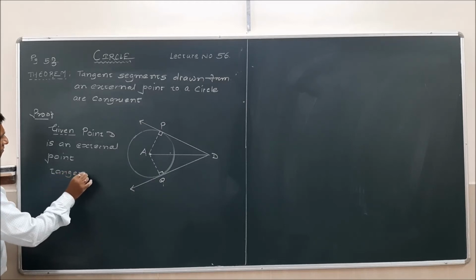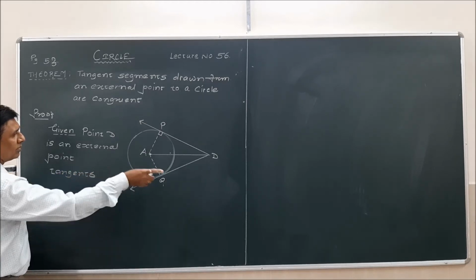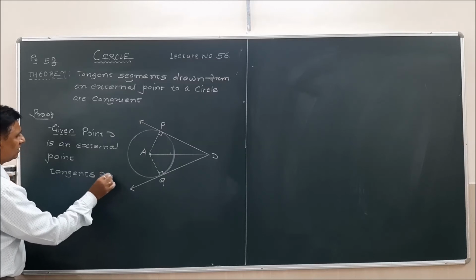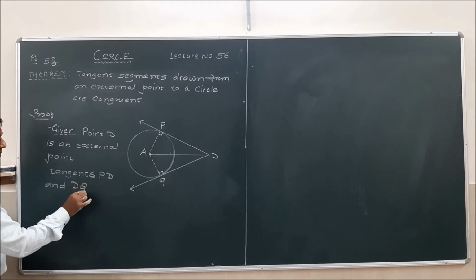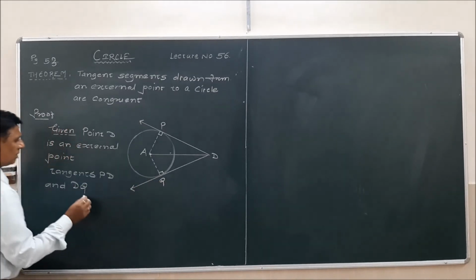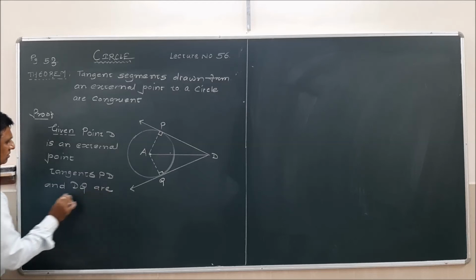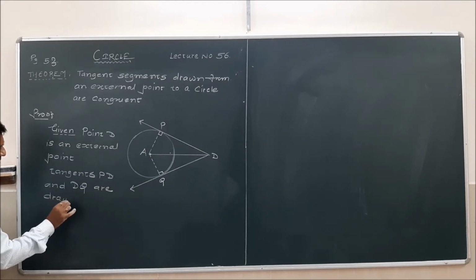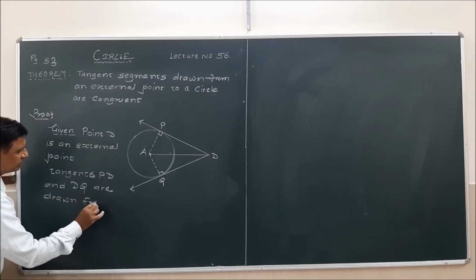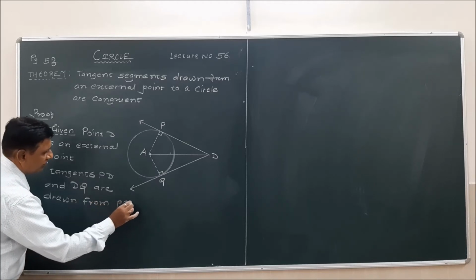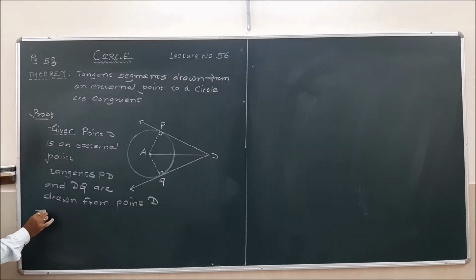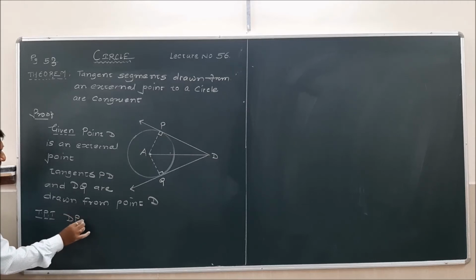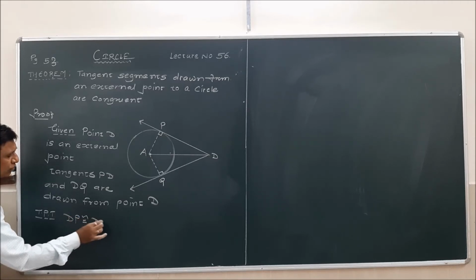Tangents DP or PD and DQ are drawn from point D. To prove that DP is congruent to DQ.